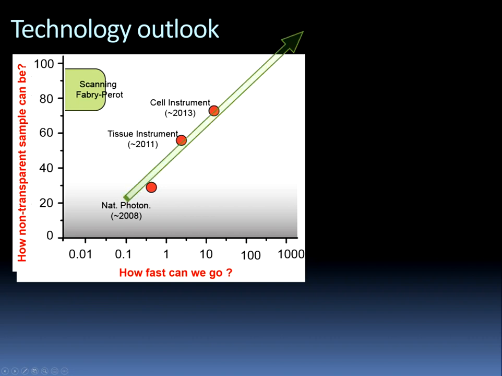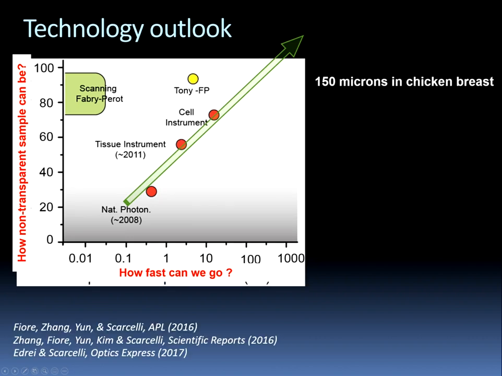This is the direction where we want to go, right? So we want to have wonderful contrast and super high speed. We are working on that. A graduate student of mine has recently demonstrated we can measure 150 micron chicken breast. So we've gotten to the point of being shot noise limited, in opaque material. So we've gotten to the point that we behave like other microscopes.